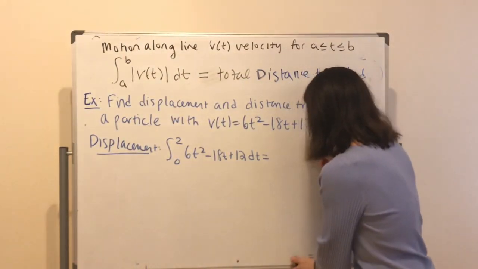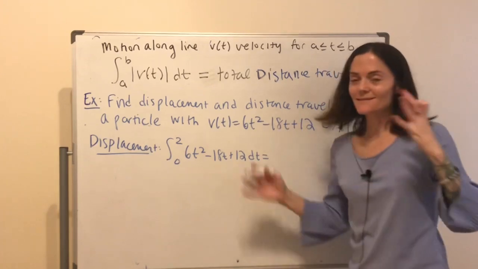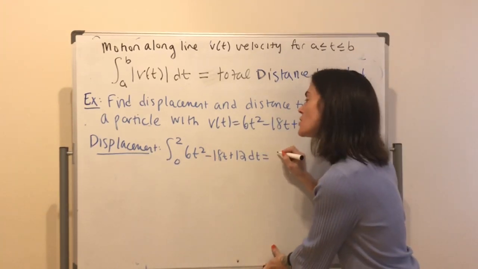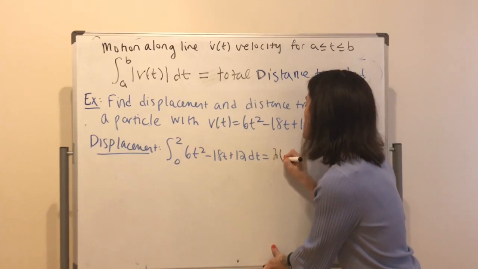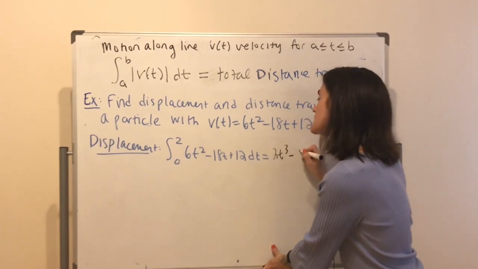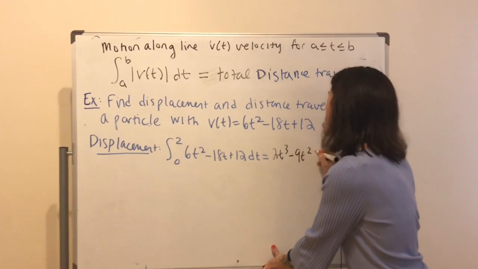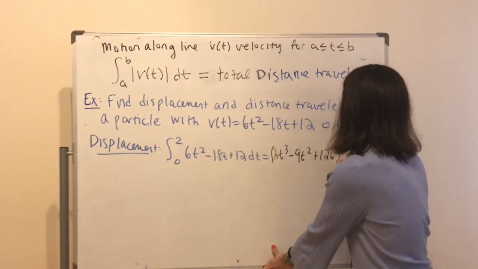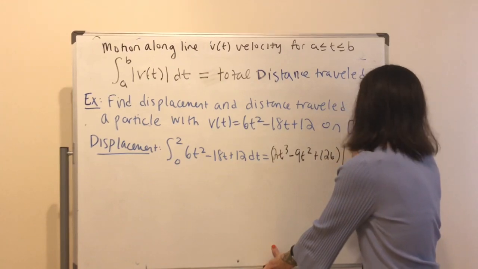Sometimes the algebra of evaluating can be a place of mistakes, but the integrating is not too bad. So we have 2t cubed minus 9t squared plus 12t. And we evaluate between 0 and 2.